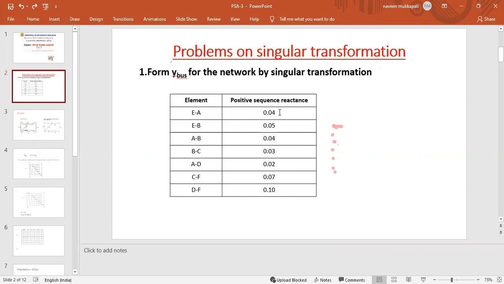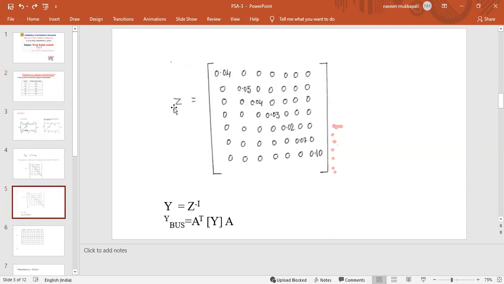Diagonal elements means Z11 and so on. How many elements are there? 7 elements, Z11 to Z77. These are all the primitive impedance values. After that, we fill the Z matrix.